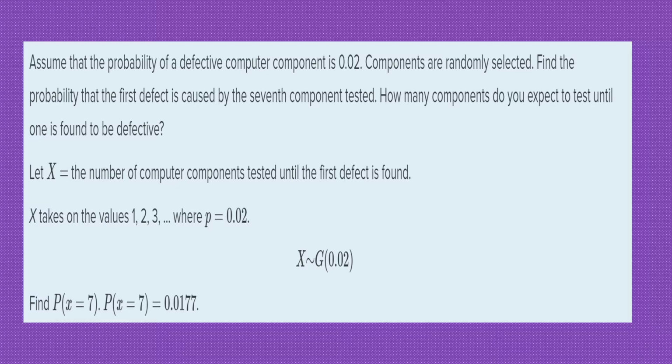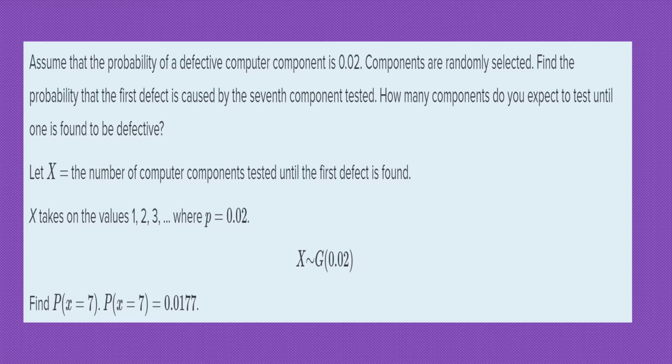So let us see an example here. Assume that the probability of a defective computer component is 0.02. That is, the probability of success is 0.02. The components are randomly selected. So let x be a random variable. Your x is the number of computer components tested until you find the first one to be defective. Find the probability that the first defect is caused by the 7th component tested.